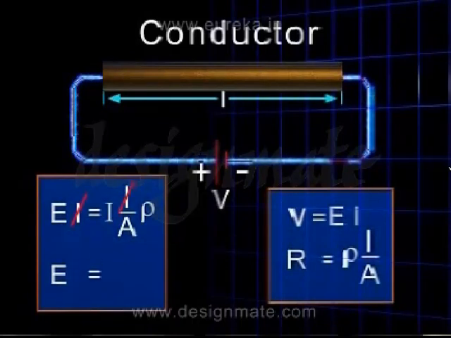Therefore, E is equal to I into rho upon A.